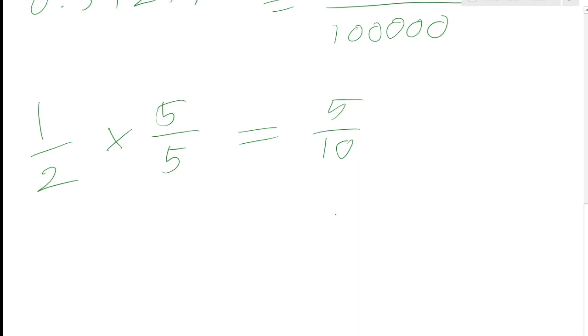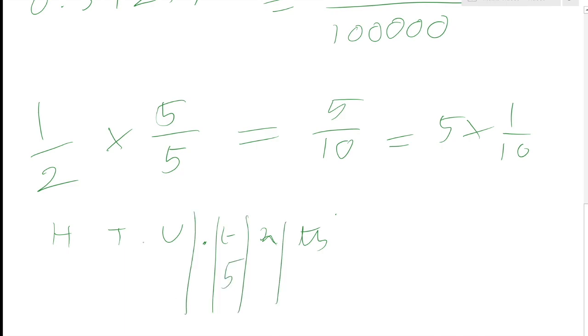So that's 5 times 1/10. And as we know, in place value, if we've got coming down hundreds, tens, units, then our decimal point, then we get tenths, hundredths, thousandths, etc. So 5 times 1/10 is just a 5 in the tenths column. So we would then write that as 0.5.